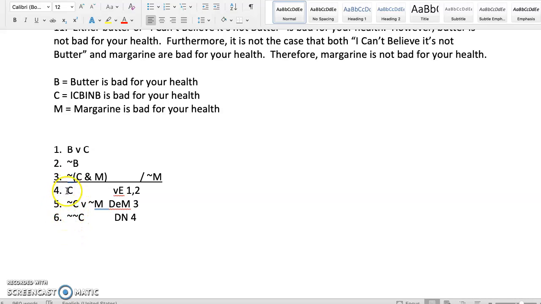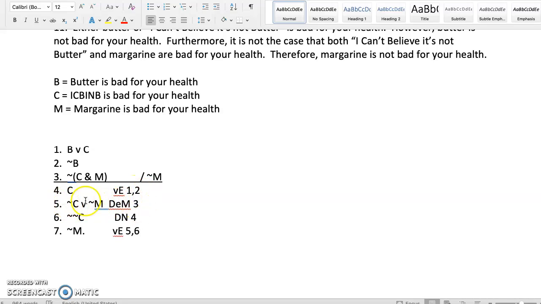If you just tried to do a disjunction elimination with 4 and 5, that would be incorrect. All right, because you need the negation of one of the disjuncts, and C is not the negation of anything, but not C is. So that means we can then get not M by disjunction elimination of 5 and 6.